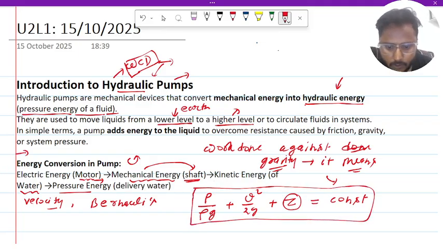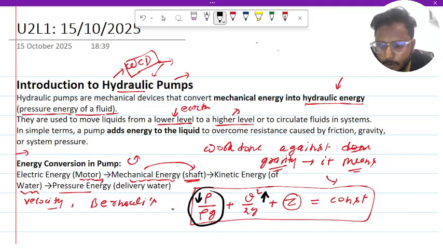So if the velocity of the fluid particle increases, then pressure must decrease, and this pressure difference is the pressure energy. Okay, so the electrical energy is converted into kinetic energy, and finally it is converted to pressure energy, which provides the lifting of the water from the lower level to the higher level, that is against the gravity. So what kind of energy have we supplied for this purpose? We have supplied electrical energy. So this is a work consuming device.